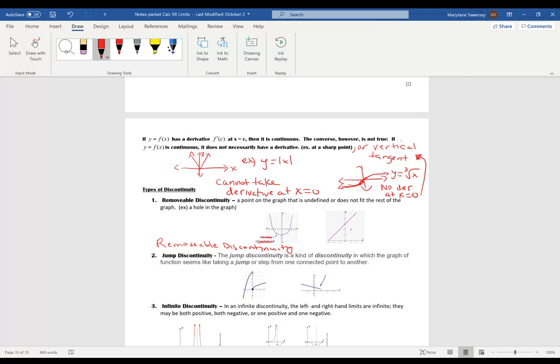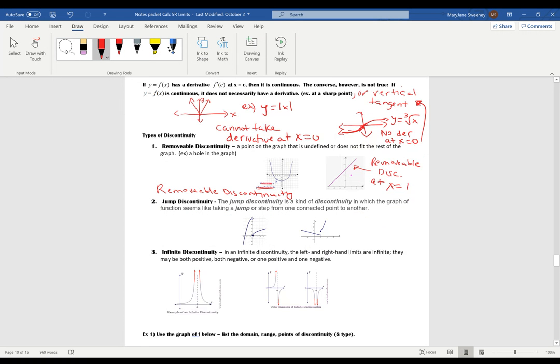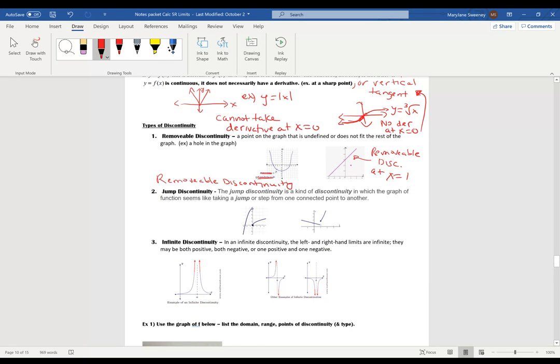So on this graph, there's a hole right there, so removable discontinuity at x equals 1. It's kind of like if you plug the hole, then the graph would be continuous. That's what you would think of when you think of removable discontinuity, when there's a hole that you could plug and it would make the graph continuous.